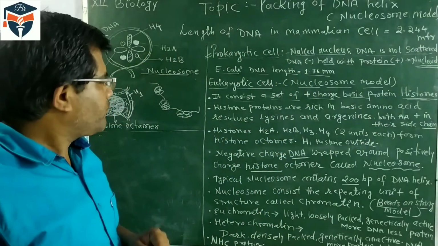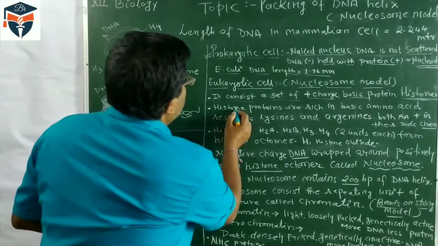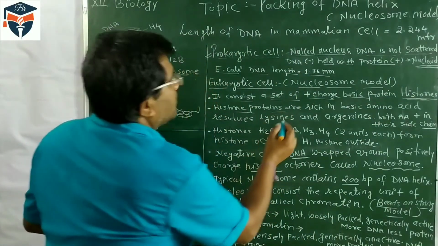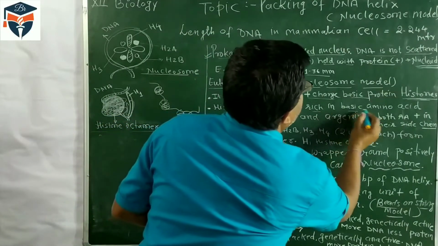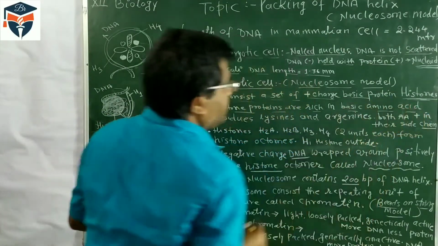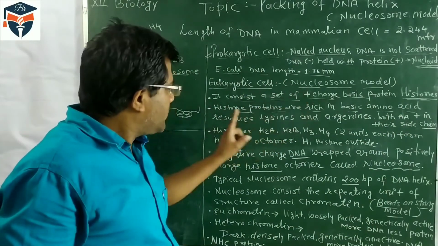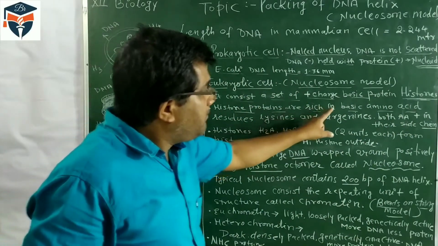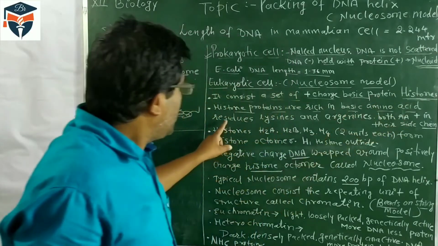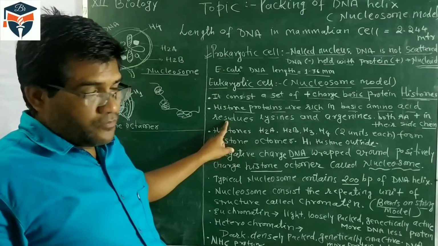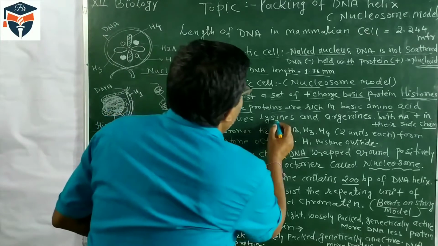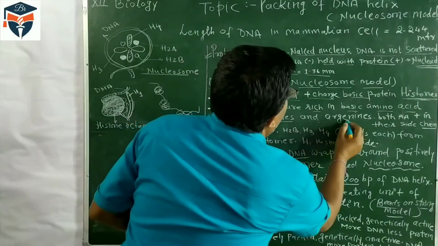Point number one. These histone proteins are rich in basic amino acid residues. These proteins are made up of lysine and arginine.